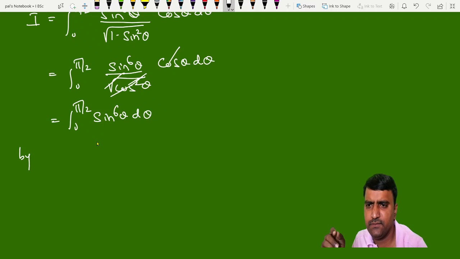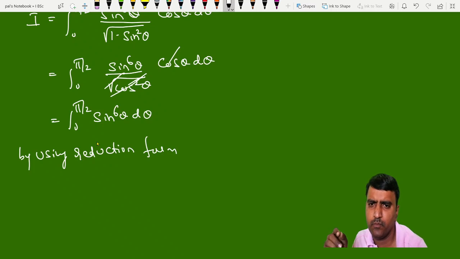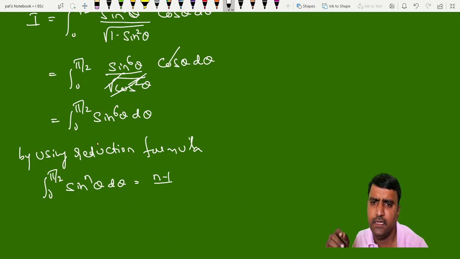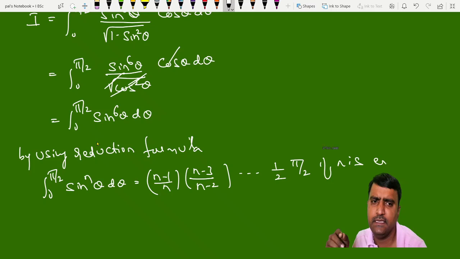So by using the reduction formula, that is, integration from 0 to pi by 2 sin to the power of n theta d theta is equal to n minus 1 by n into n minus 3 by n minus 2 and so on, 1 by 2 into pi by 2 if n is an even number.